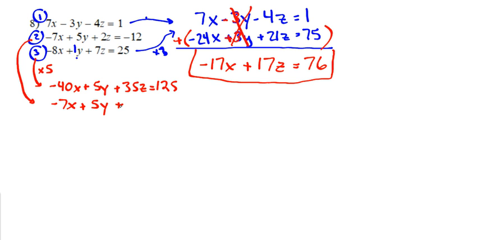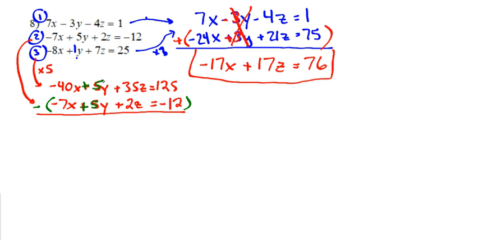Or not the bottom one, I mean the middle one. Alright, and I have to decide what I'm going to do here. Should I be adding or subtracting? Well, I have a positive 5 and a positive 5. How do I get that to be 0? I need to subtract. Same sign, subtract.